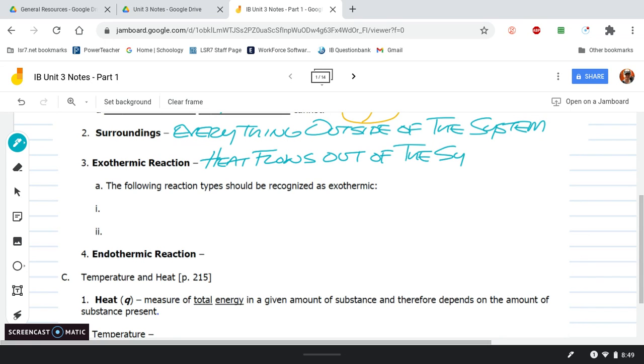Now, when heat is flowing out, what does that mean? Well, that means that the container is going to feel warm because the heat is coming out. So if we've got our system right here, and it is pushing heat out, so here comes the heat, then that is going to feel warm.